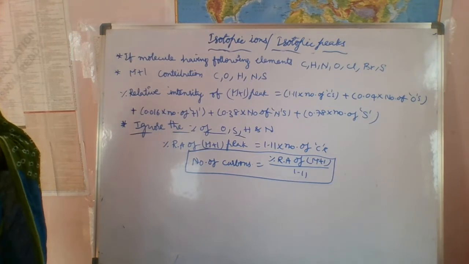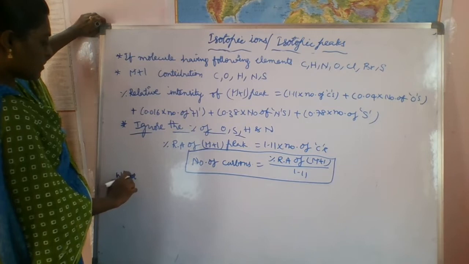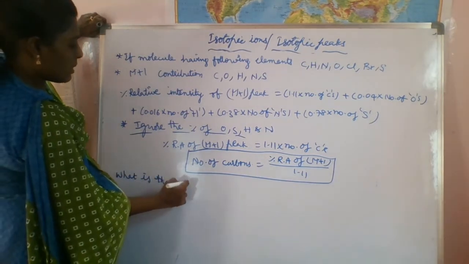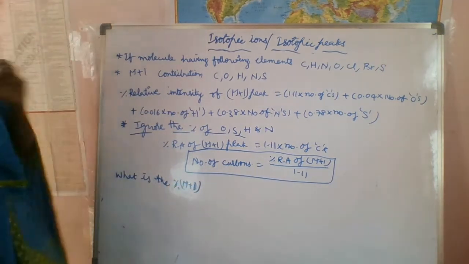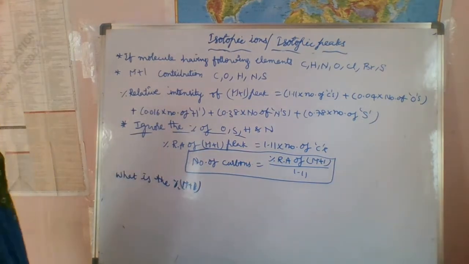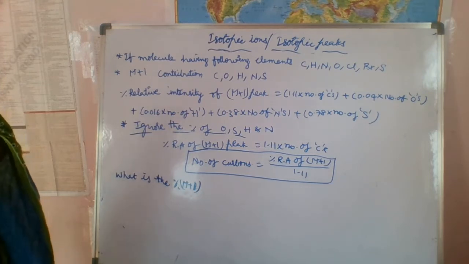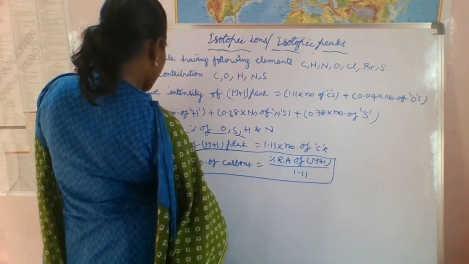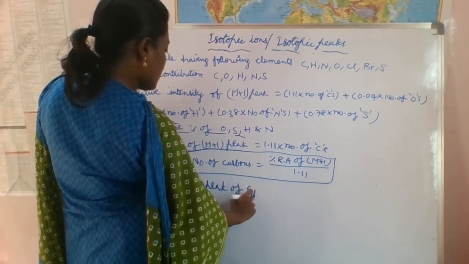Suppose I want to tell you one thing. What is the percentage of the M plus 1 peak, the relative abundance of the M plus 1 peak of C60?